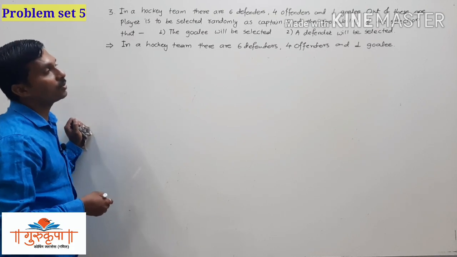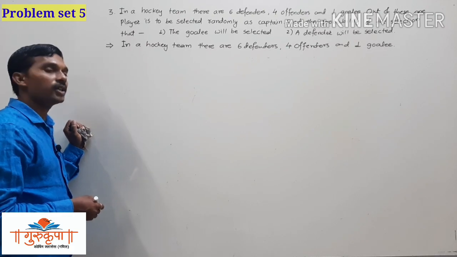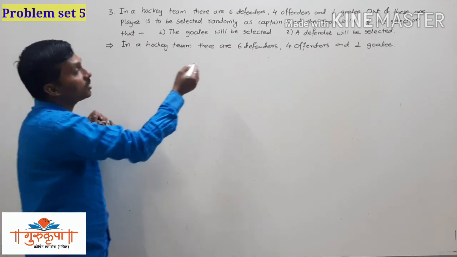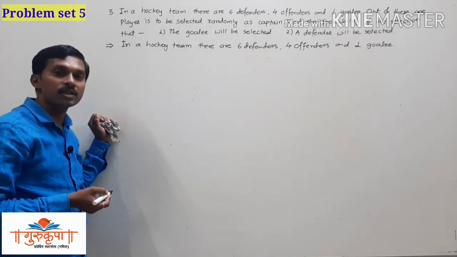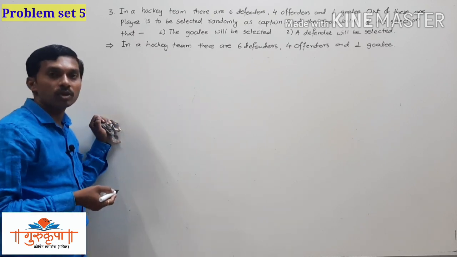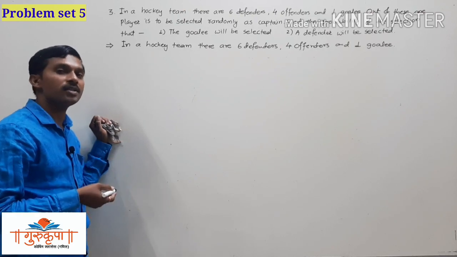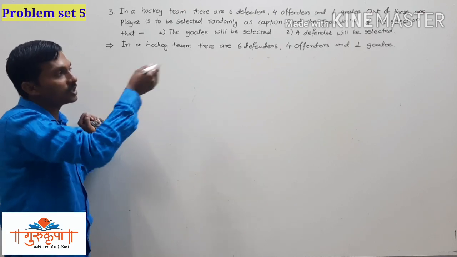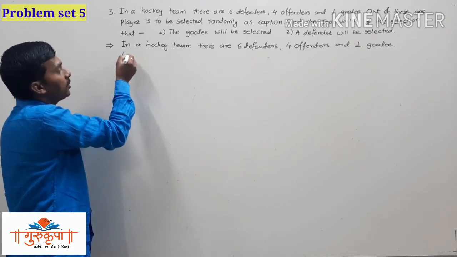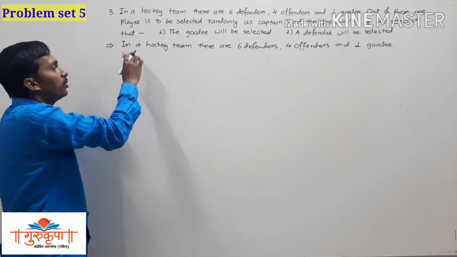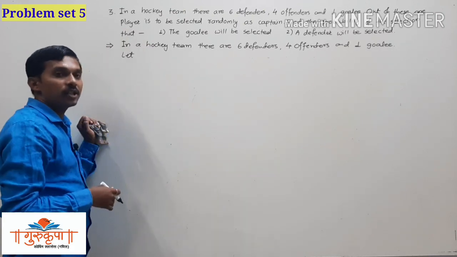Or, if you would like to represent all the players in set form, you can. How? The 6 defenders can be represented as D1, D2, D3, D4, D5, D6; the 4 offenders as O1, O2, O3, O4; and the 1 goalie as Z, or Z1.